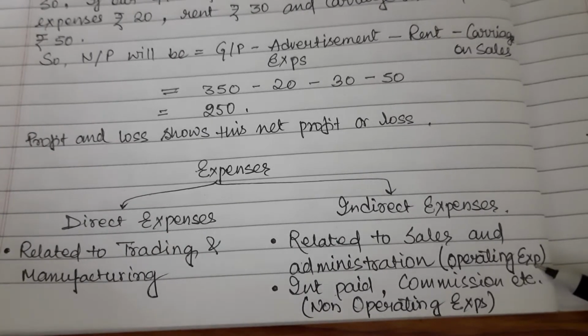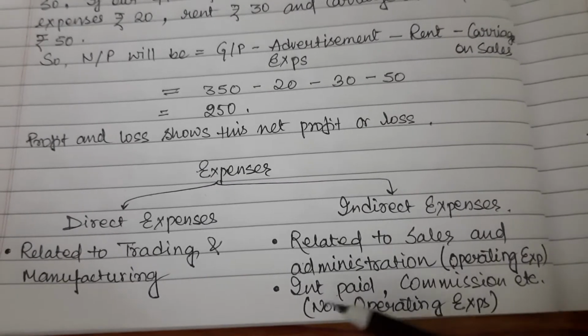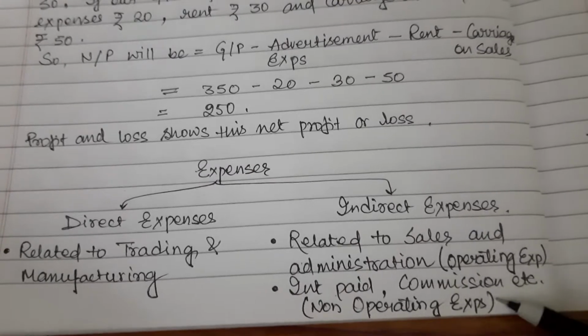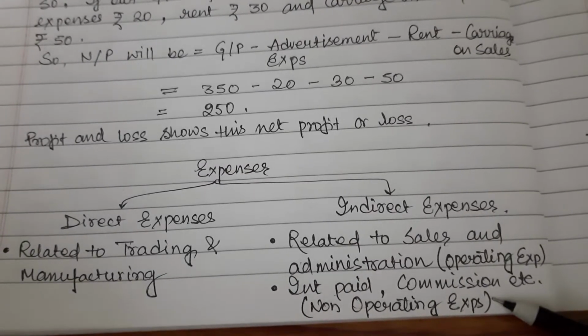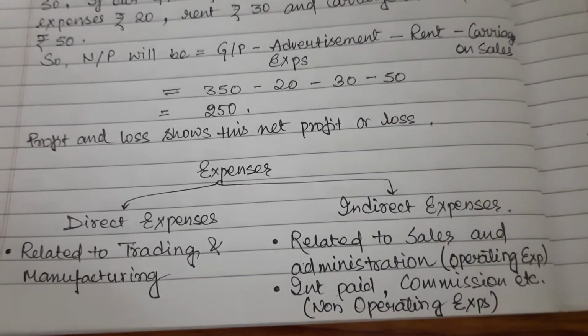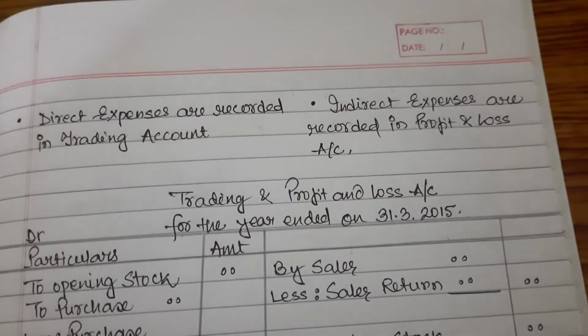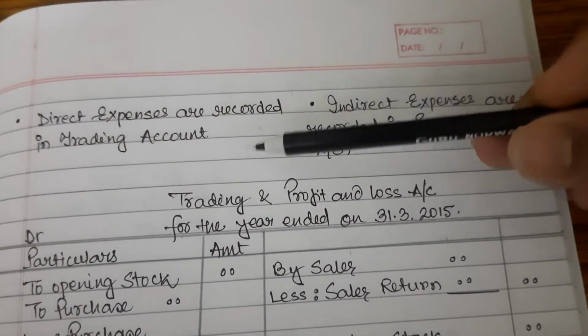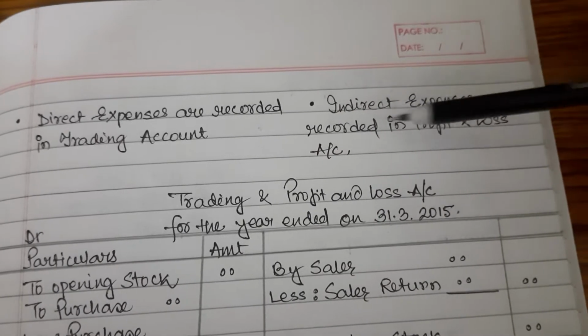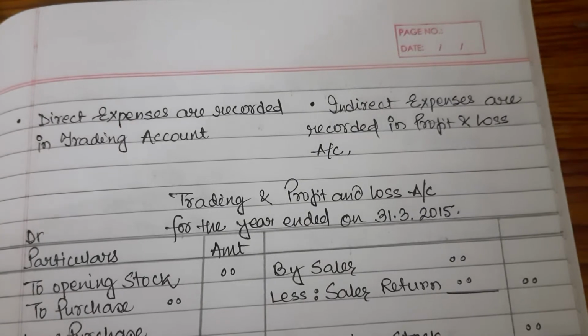If we are incurring any expenses, they are operating expenses. And interest paid, commission, etc. are non-operating expenses. So these are to be classified under indirect expenses. Now come to your next part. Direct expenses are recorded in trading account and indirect expenses are recorded in profit and loss account.